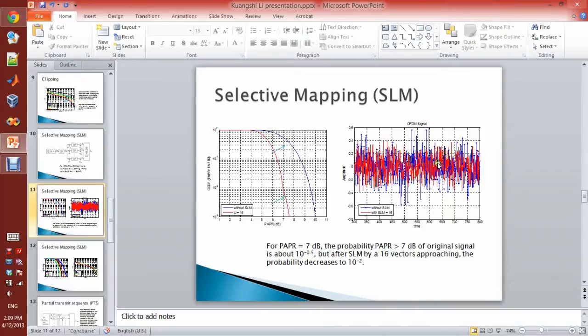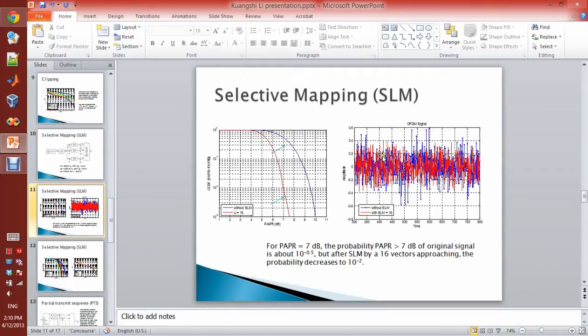And this figure shows the signal after SLM. You can clearly see that the red signal, after doing SLM, is more concentrated, so the average is near to the peak.